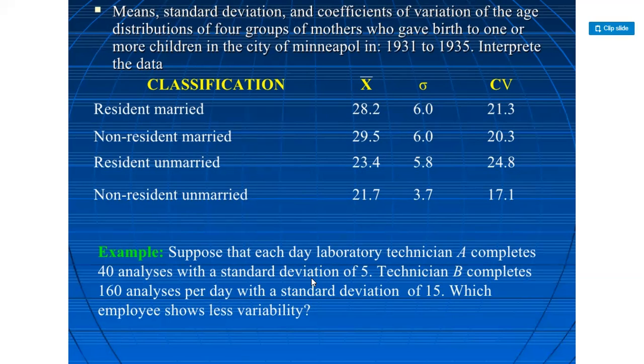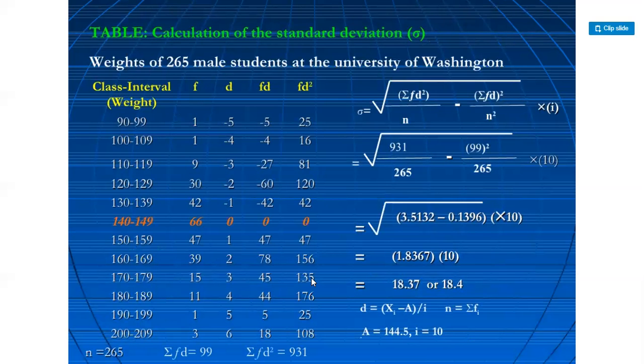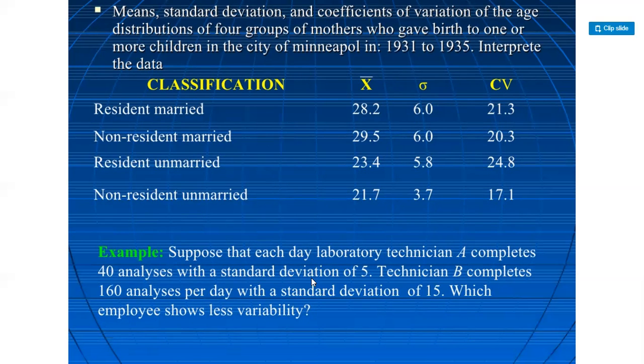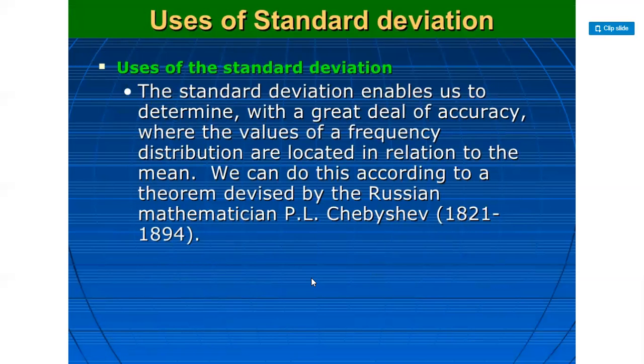The means are given here as 28.29, 29.5, 23.4 and 21.7. We have to find the standard deviation, and after all the calculation using the formula, we get the answer. We have to find the standard deviation with the help of the mean.